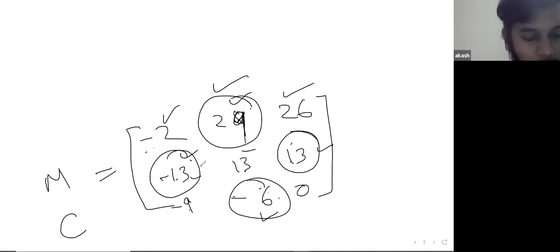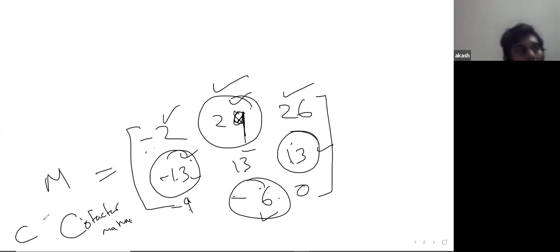What you have there is a cofactor matrix. We denote it as C. Are we clear?